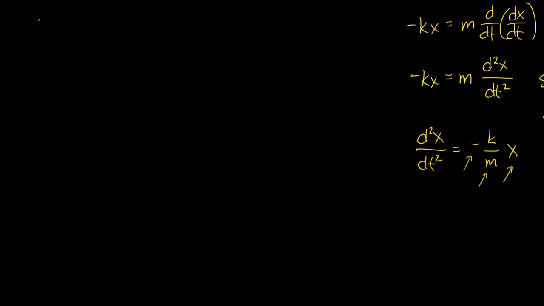So x equals x naught sine ct. That's a possible function. And x equals x naught cosine ct.